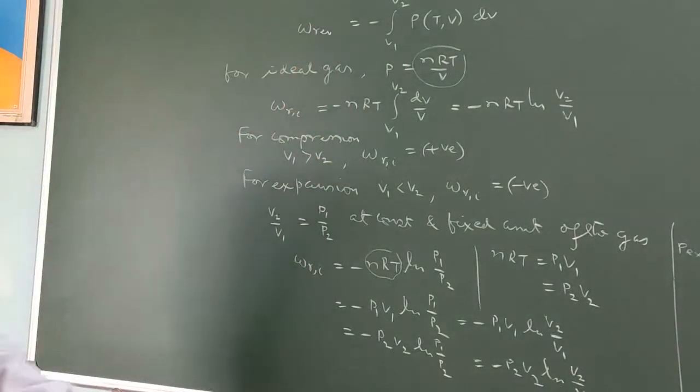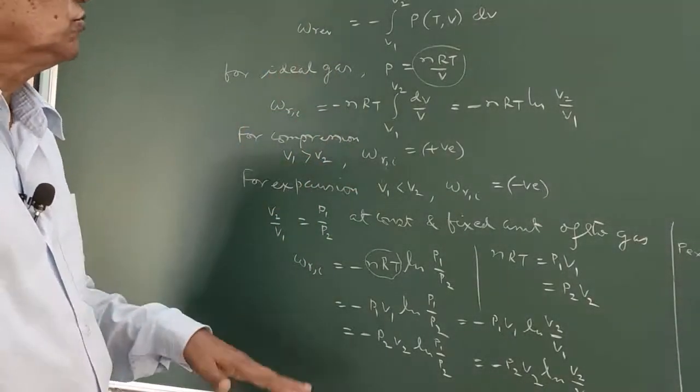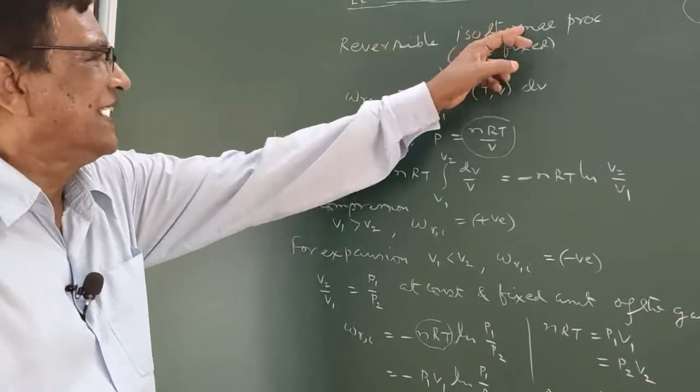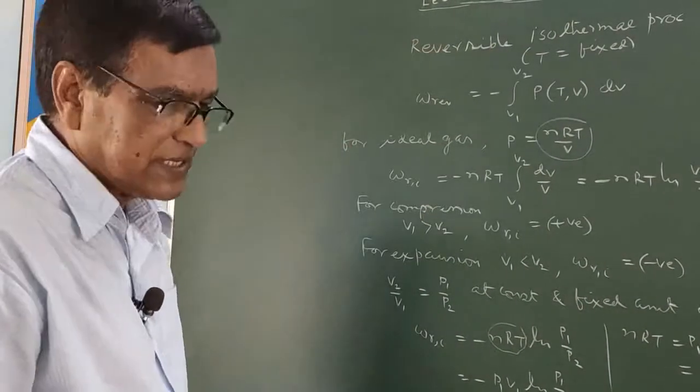These are the formulas required for calculating work done in a reversible isothermal process for an ideal gas.